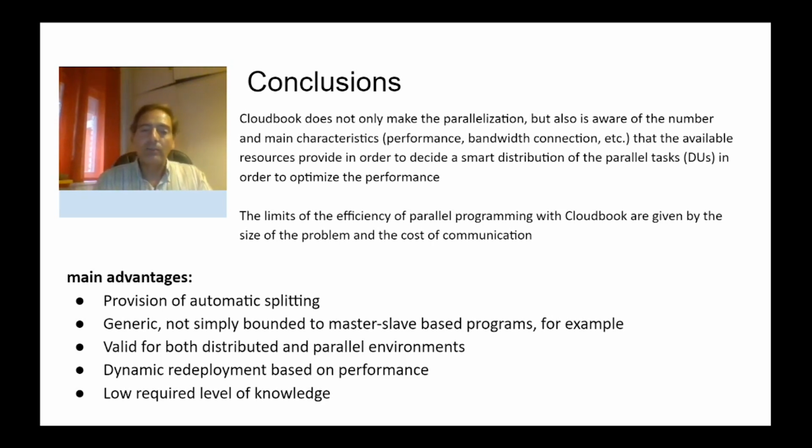And finally, no less important, a low required level of knowledge. So all these main advantages make Cloudbook a very good option, not only as a tool, but as an idea to produce parallel and distributed code for any language. In this case, it is created for Python, but could be created for any other language.